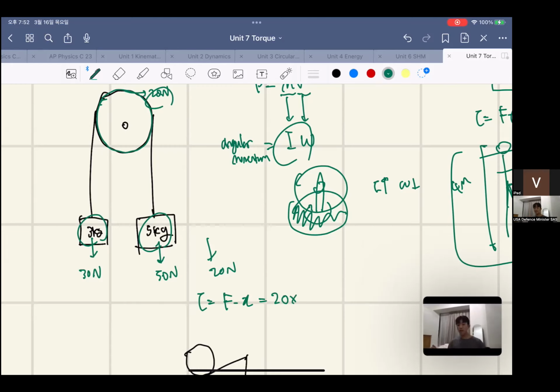Since the axis of rotation is this green checkpoint, and the force is applied on the top, on the tangent line of the circle of this pulley, X would literally be the radius of the pulley. Thus, the torque applied onto this pulley would be 20 times R, 20R. R might be given in the question. If that's the case, then you can simply plug in R and solve the problem.